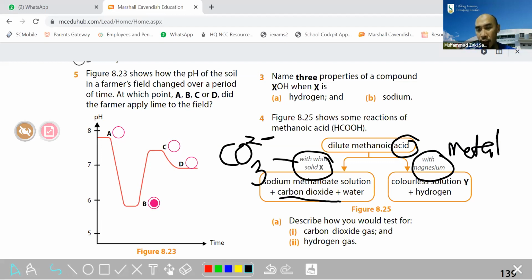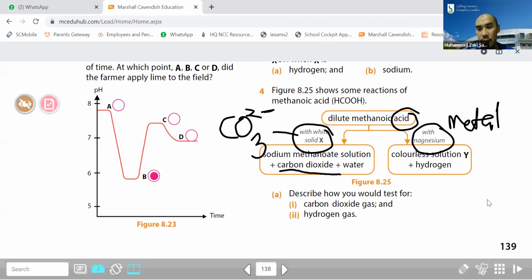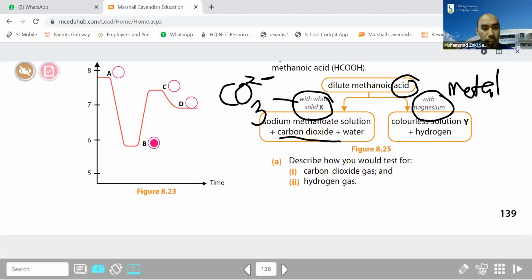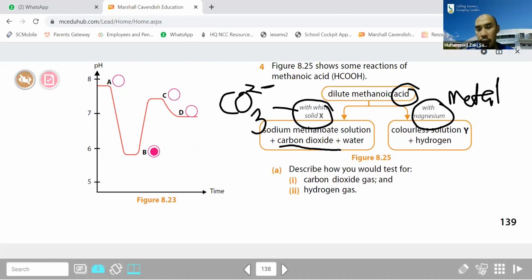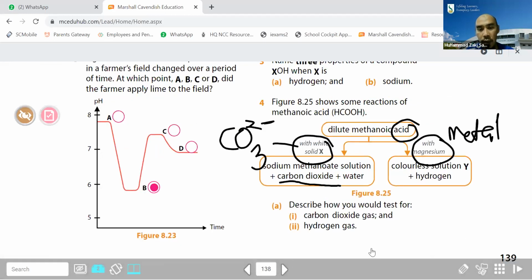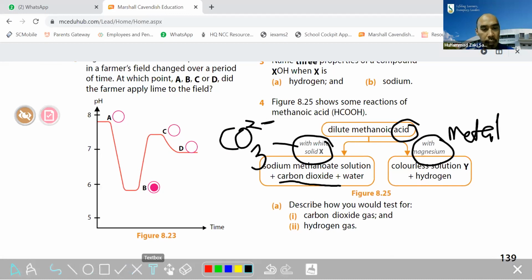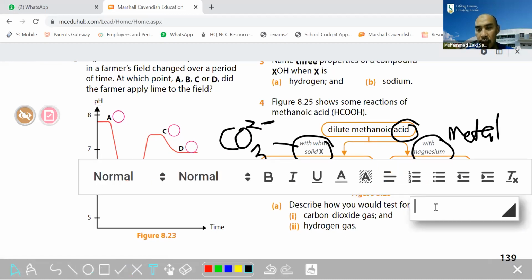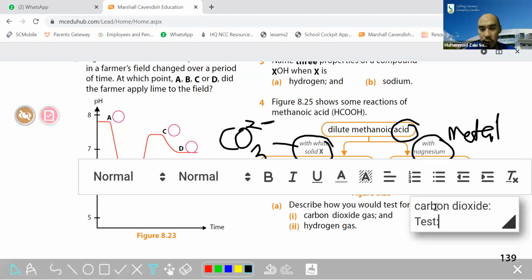This one you have done the experiment already. Remember, how to test for carbon dioxide? You need to bubble the gas into lime water.